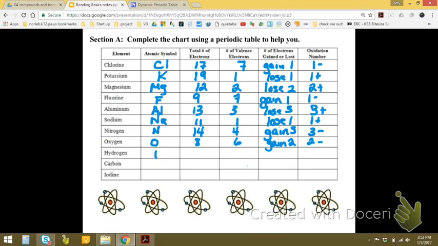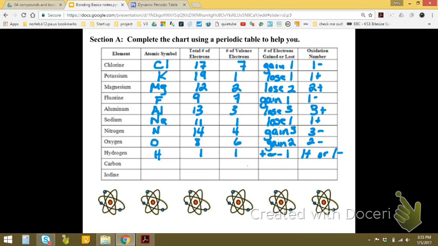And then we have hydrogen. Hydrogen has 1 total electron, and so to have a full outer shell, it needs to either gain or lose 1 electron. So hydrogen can actually be a +1 or a -1.